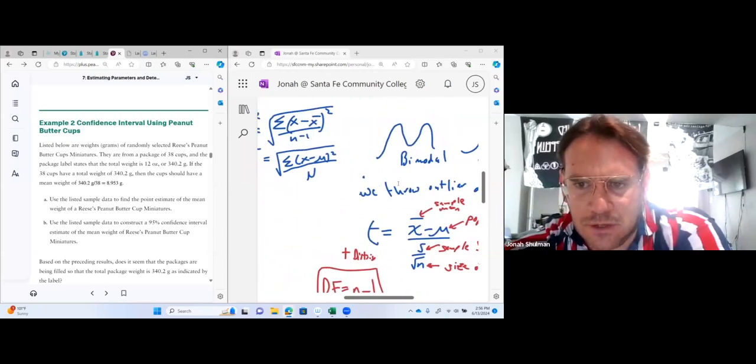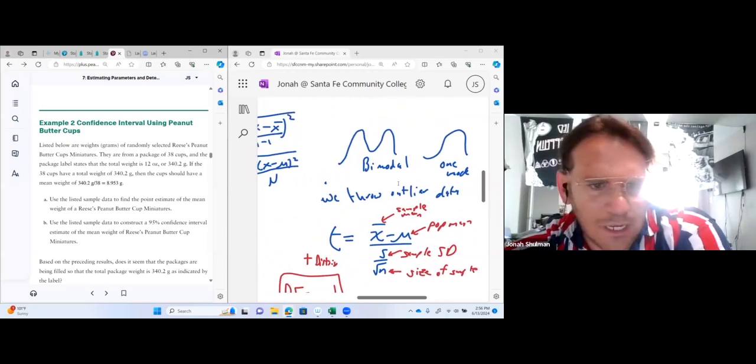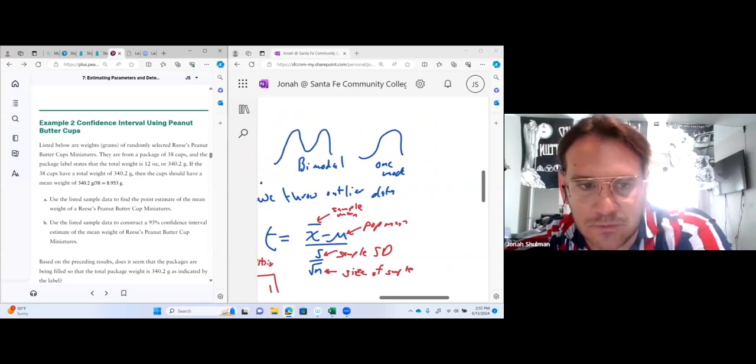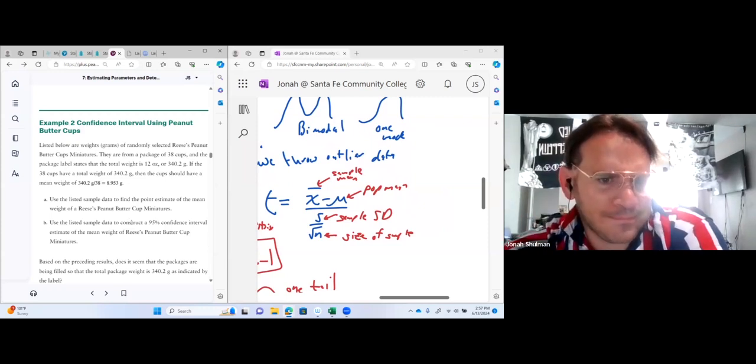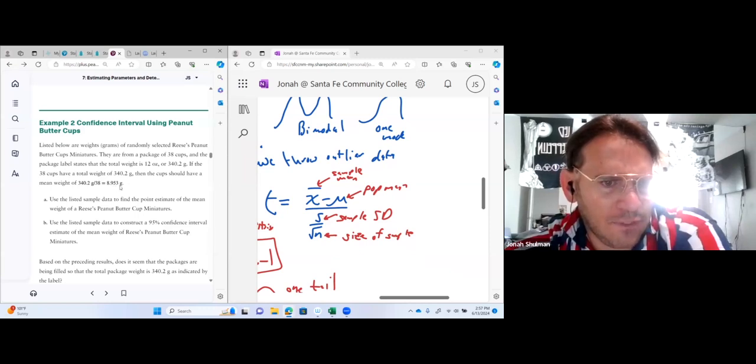So we've got to try to get the mean. So we need the t value to do this, right? It's right over here. So the cup should have a mean weight of 8.953 grams.